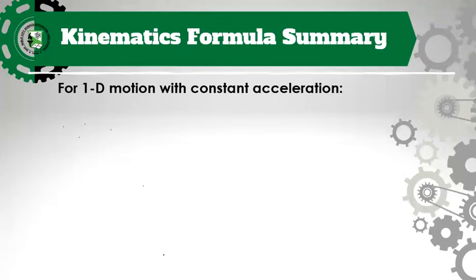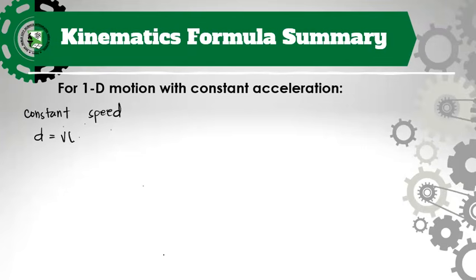So, we have to look at the problem if it has a constant speed or constant acceleration. What do we mean by constant speed? Meaning the speed is not changing, or the value of speed is the same from point A to point B. So if you have a constant speed, we use this equation.